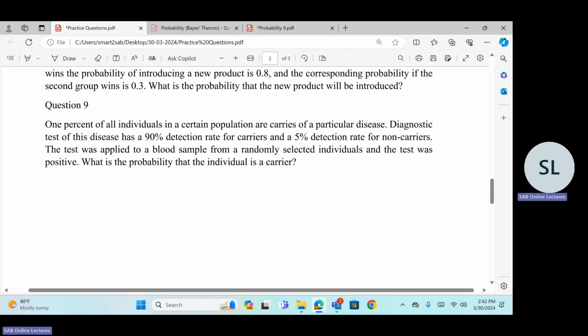What is the probability that the individual is a carrier? Okay, then in here there are two events. They detect that their test was positive. Then after that, what is the probability that the individual was a carrier?